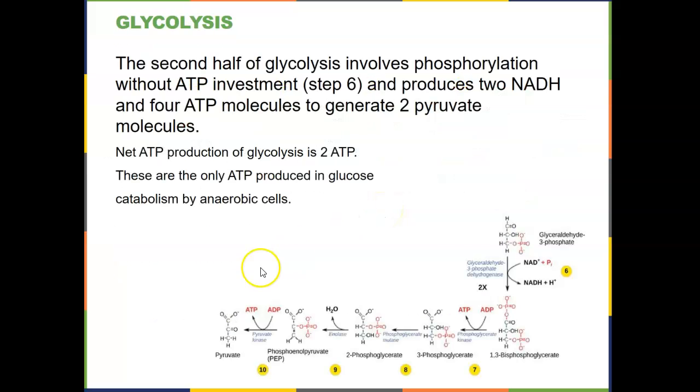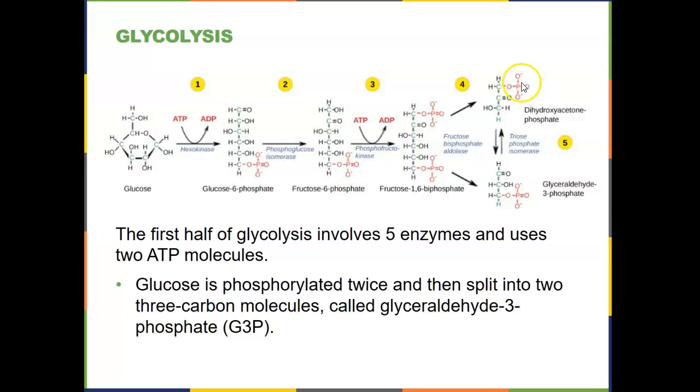Then the second half of glycolysis, steps 6, 7, 8, 9 through 10, is the modification of glyceraldehyde 3-phosphate into its final form of pyruvate right here, and that's where we extract some energy from it to regenerate an ATP. Then we do it again right here to regenerate another ATP, and then we do that for the other half. I'll go back here. Remember, there were 2 of these, 2 3-carbon fragments of our original glucose.